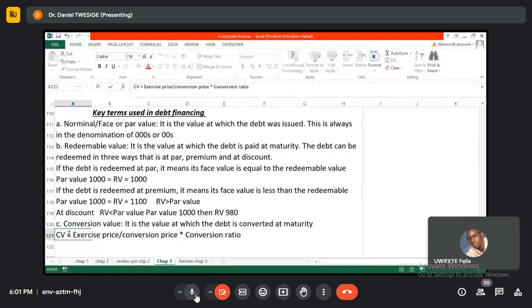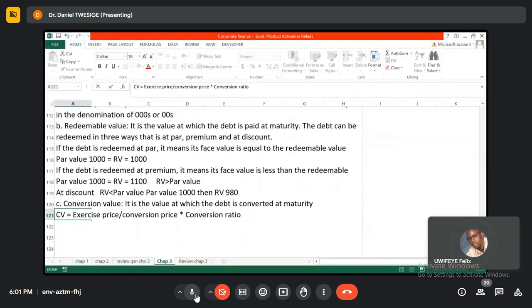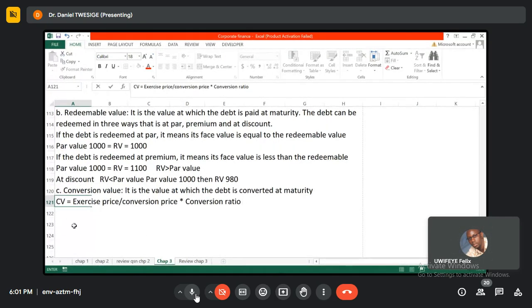And the conversion ratio is the number of shares that can be converted from each debt. How many shares are you going to convert from each debt? That gives you the conversion ratio.